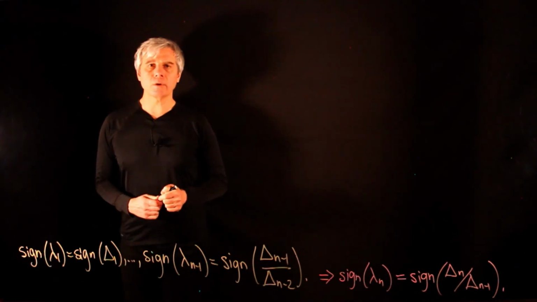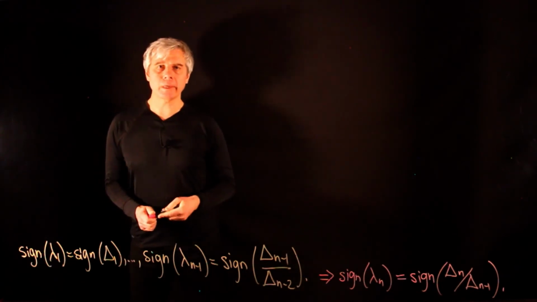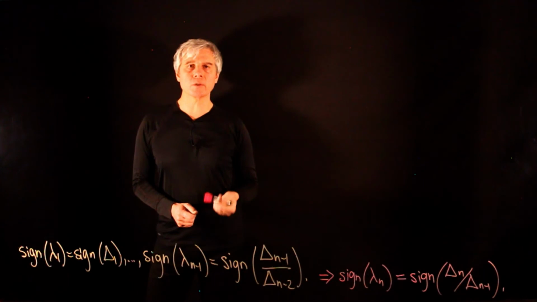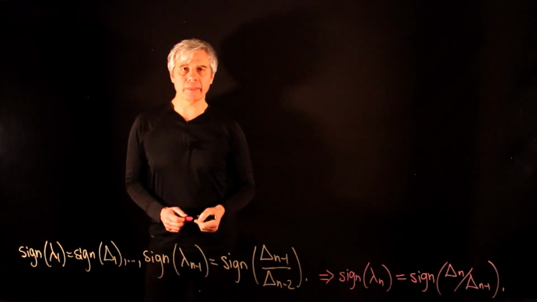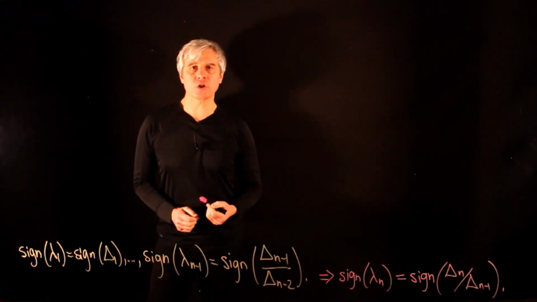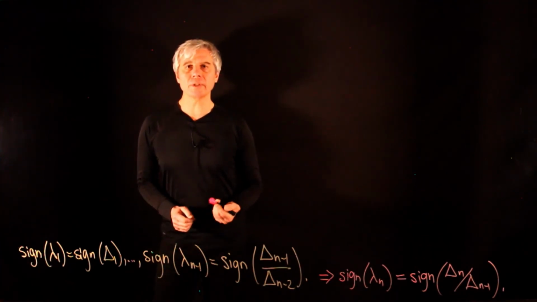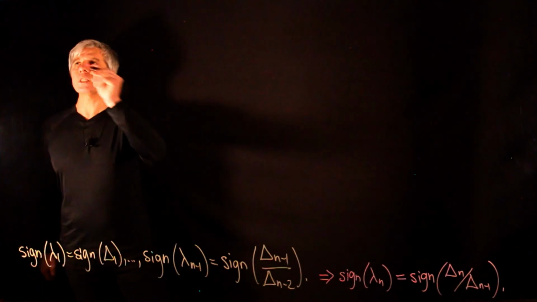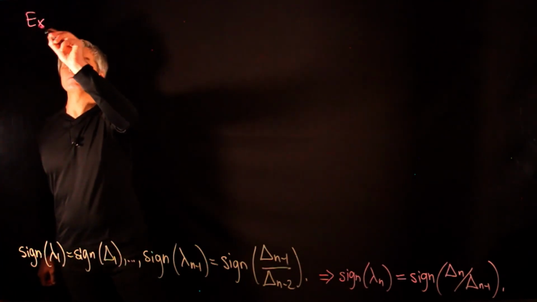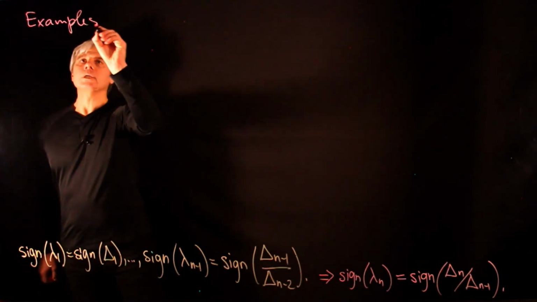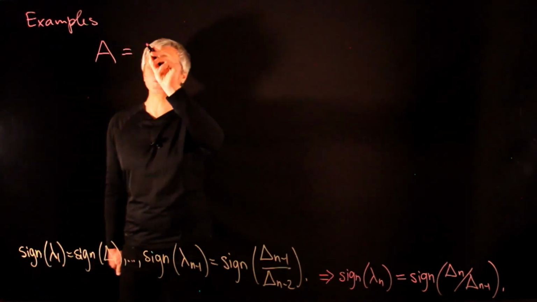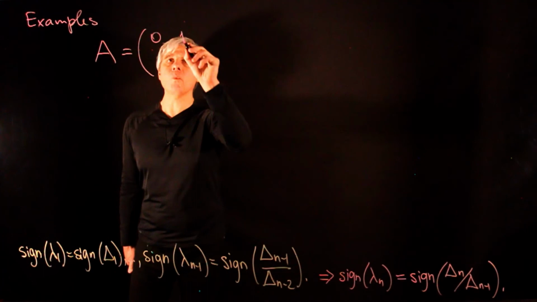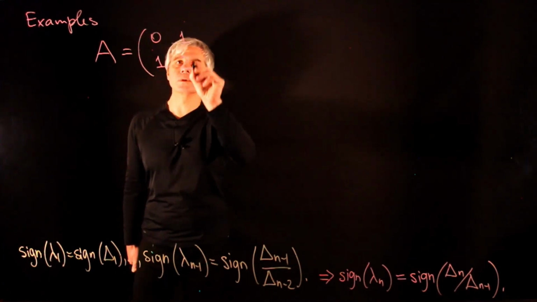In the statement of Sylvester's criterion, we required that all determinants of principal minors, delta k's, are non-zero. For small values of n, we can determine the signature of a bilinear form even if this condition fails. So let us give some examples. Suppose we have a bilinear form with the following matrix: 0, 1, 1, 2.